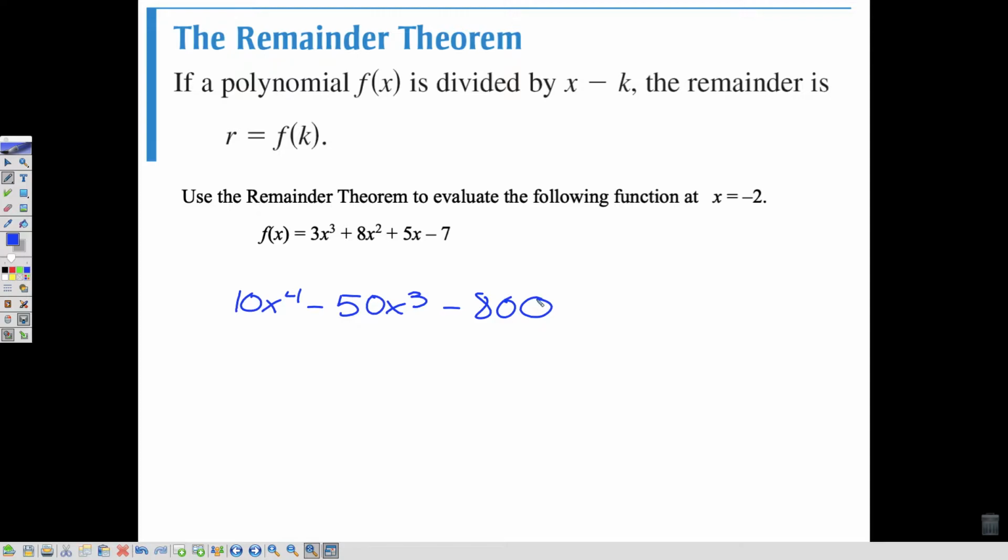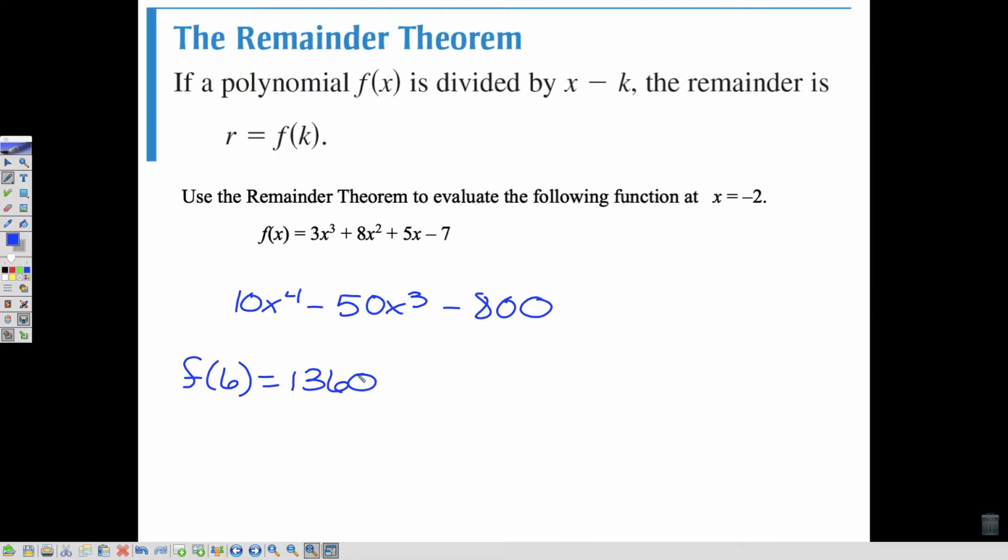If I don't want to plug 6 into that, you want to take 6 to the 4th and 6 cubed? No. But when we did the synthetic division, we found that f of 6 was 1,360. That's the answer.